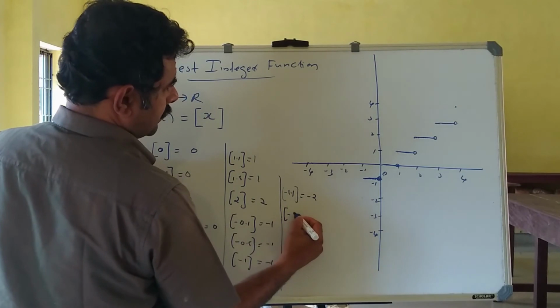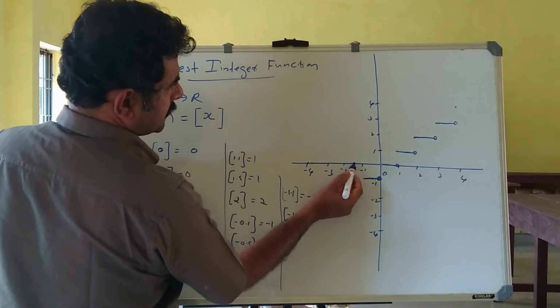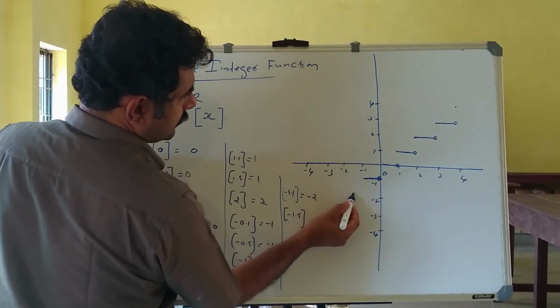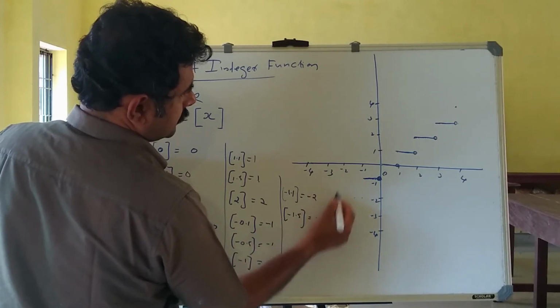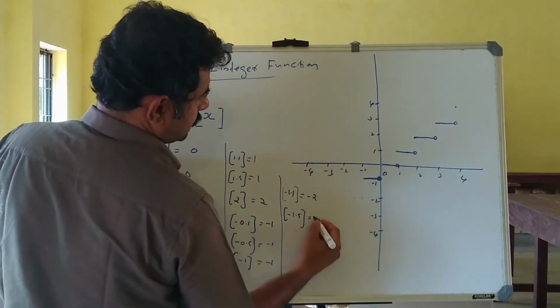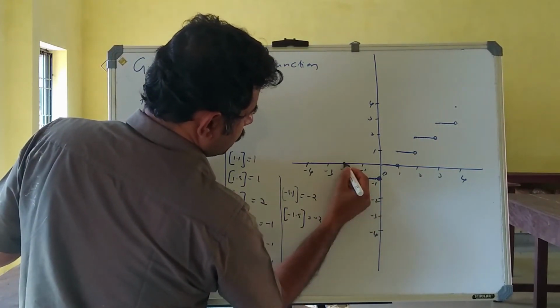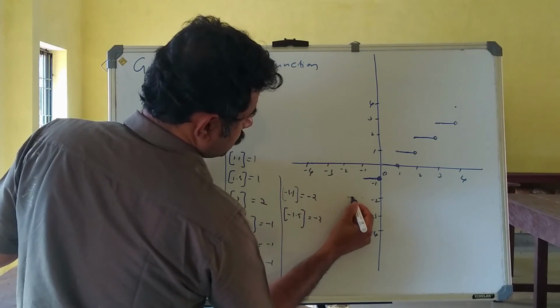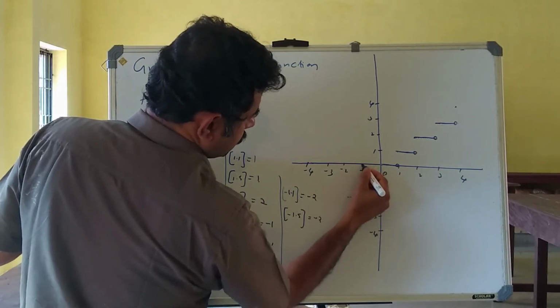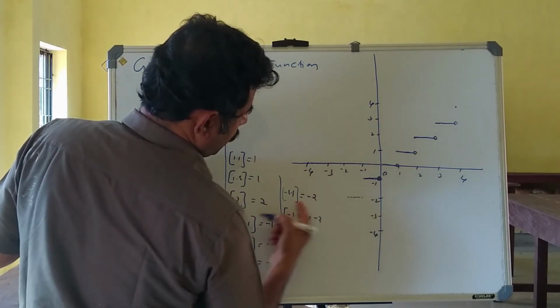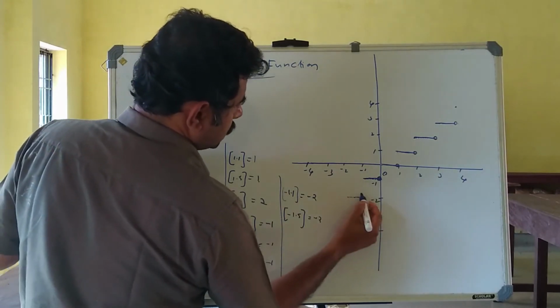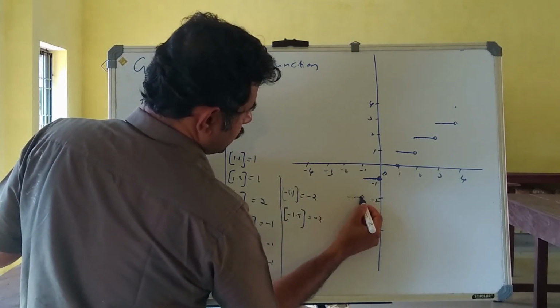Greatest integer value function of minus 1.5: minus 1.5 means this one. So the greatest integer value here, up to this, is minus 2 itself. So we can draw from this point minus 2, and for the greatest integer value of minus 1, that is minus 1. So we can draw a circle here.